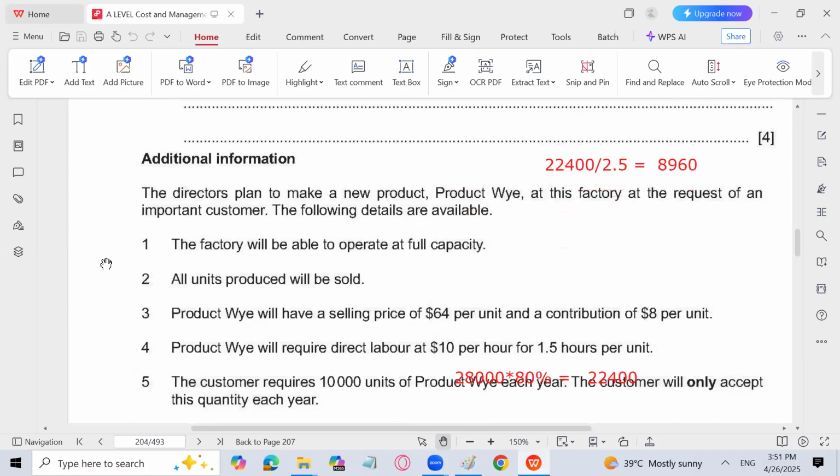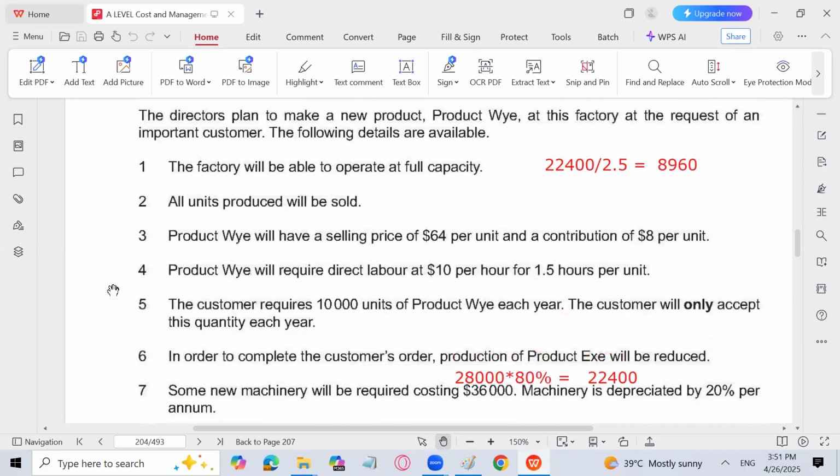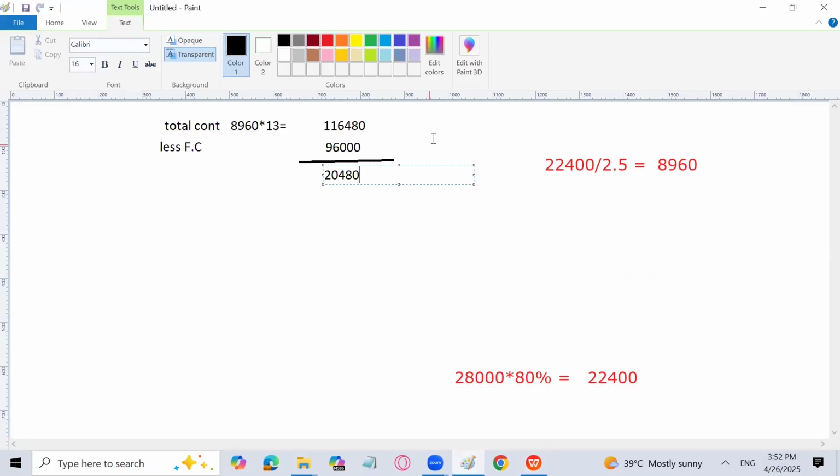The director planned to make a new product Y at this factory at the request of an important customer. The following details are available. Now we are going to produce another product Y. The factory will be able to operate at full capacity. What is the full capacity? 28,000 hours we can now use. Previously we were using 28,000 into 80%, which is 22,400.